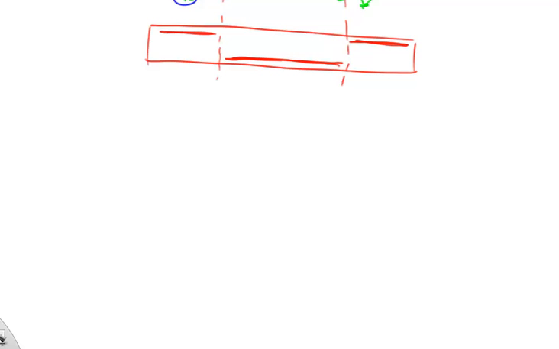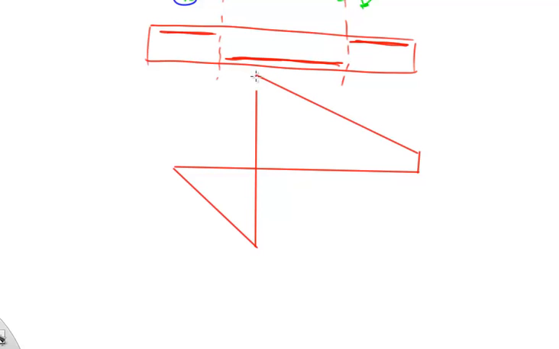Now, let's see the shear diagram. So let's do it in red. The shear diagram looks something like this, and it has something like that. Something like that. That's the shear diagram I'm interested in.